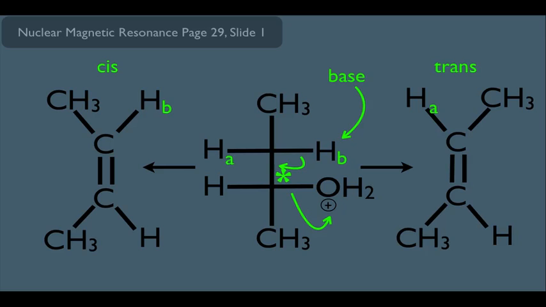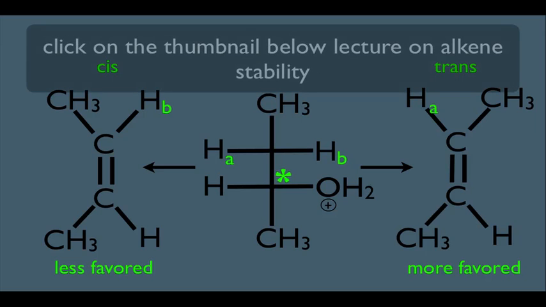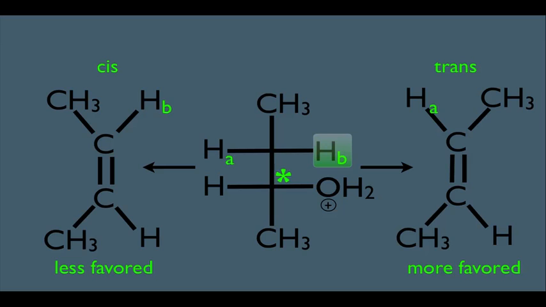Notice, look at our two products here, cis and trans. It's the trans one that would be more favored, and the cis would be less favored. Because remember, the trans double bond in this case has less steric strain and is therefore lower energy and more stable. So think about it. That means if I react a base with this molecule, it's the B hydrogen that's going to be more reactive than the HA hydrogen, simply because the HB hydrogen leads to the more favored product.